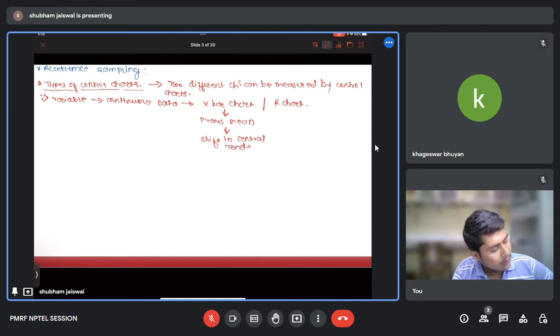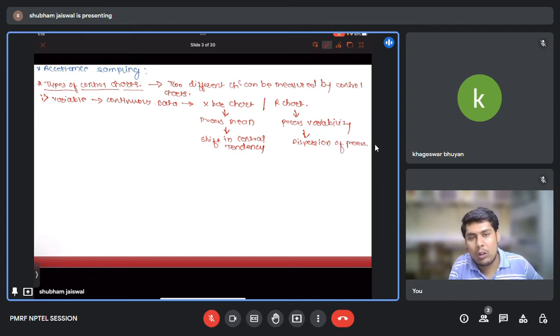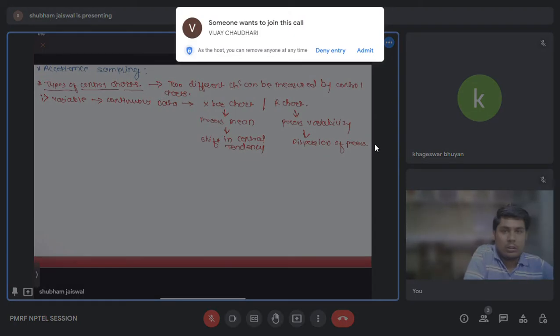In the R chart, we monitor the process variability, which is the dispersion of our process.